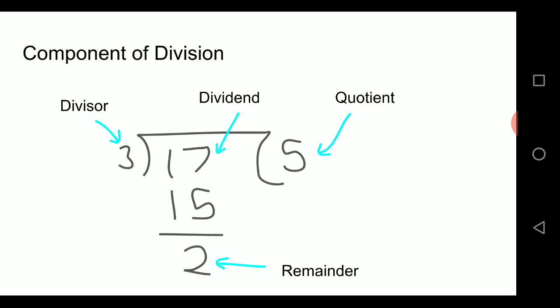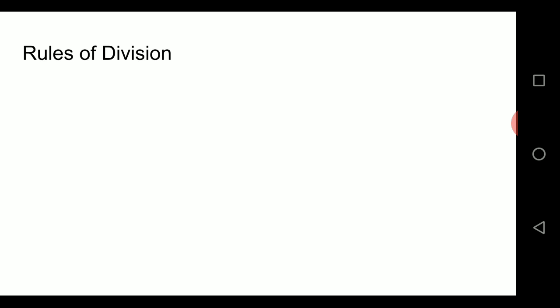But I want you to remember this: the quotient is the result, and the remainder is something that cannot be divided. In those cases we use decimals. But for a simple division we can just go on like this. These are the components of a simple division. Just remember that.